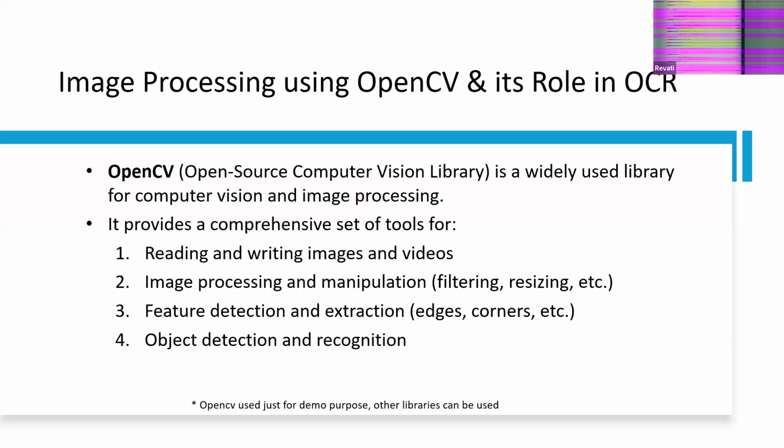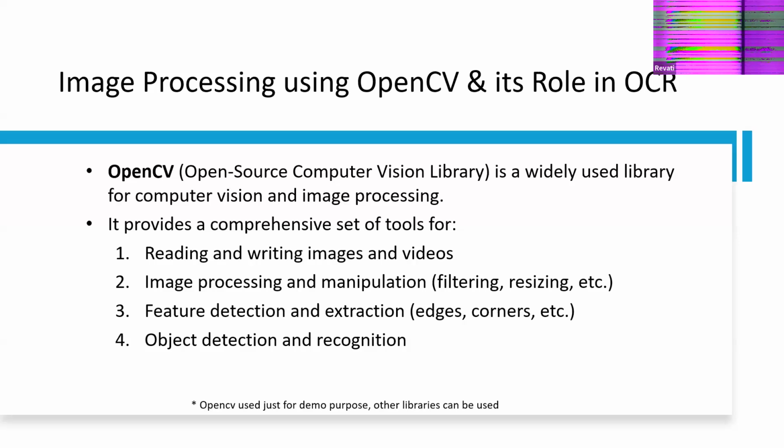So for image processing, OpenCV is the most commonly used library. Why do we use that library? It's very easy to use. Apart from that, it gives additional functionalities, like we can read and write images. In image manipulation, most of the time we need to filter the image, resize the image, or extract features like edges, corners, or, if you want to locate a word, its bounding box.